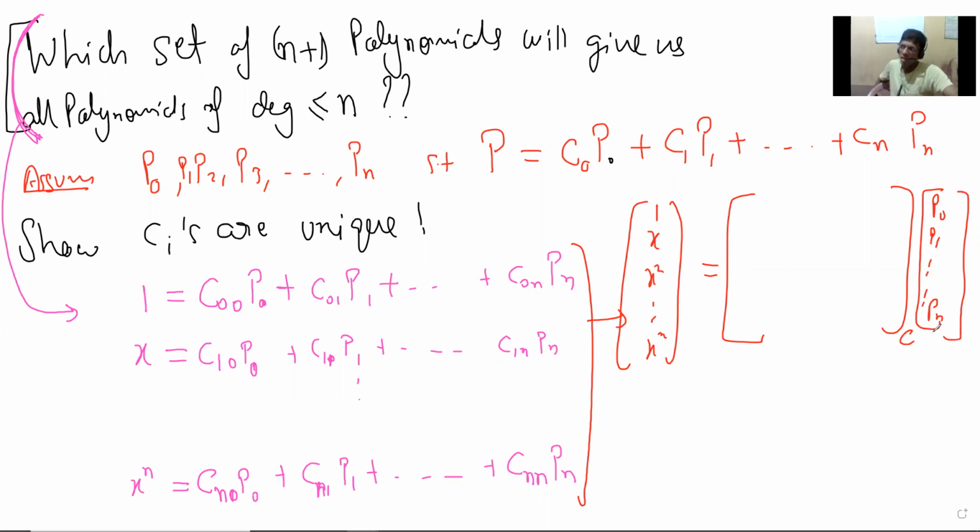I want to say something, that this determinant should be non-zero, but how can I say it? Just a minute.